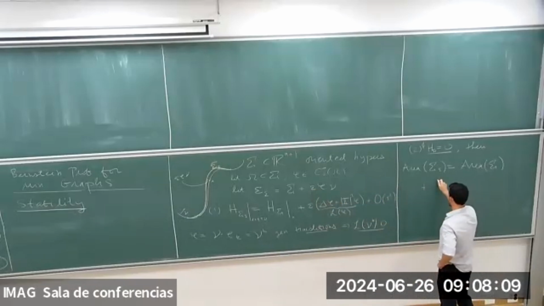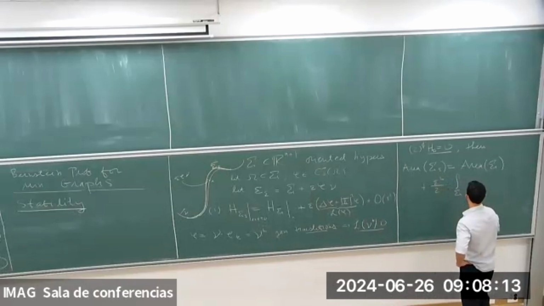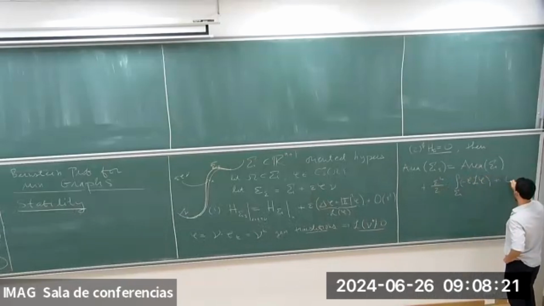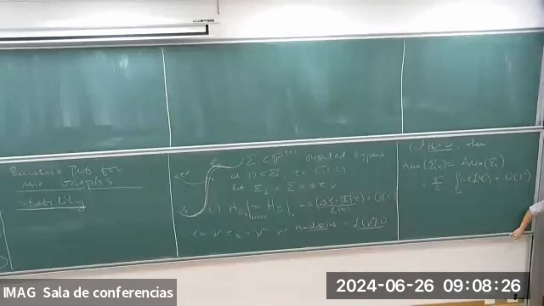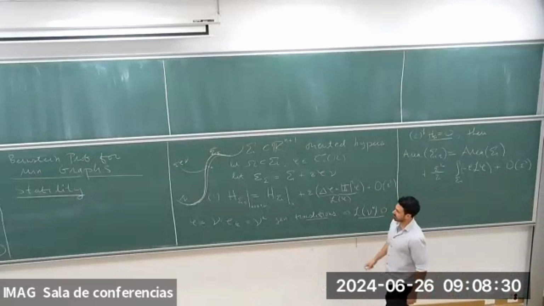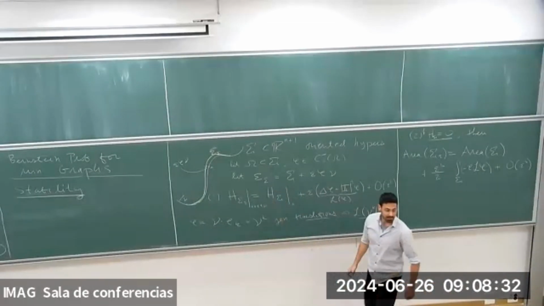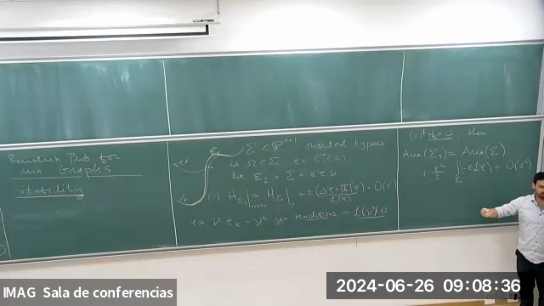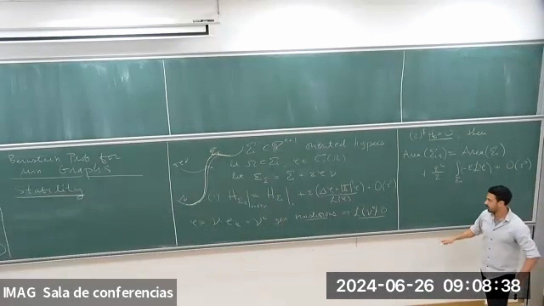It's a critical point of area, so we have epsilon squared over 2 times the integral over Σ of minus φ times the Jacobi operator applied to φ. And we say that this domain Ω is stable if this quantity here is always non-negative. So small perturbations will always increase the area.